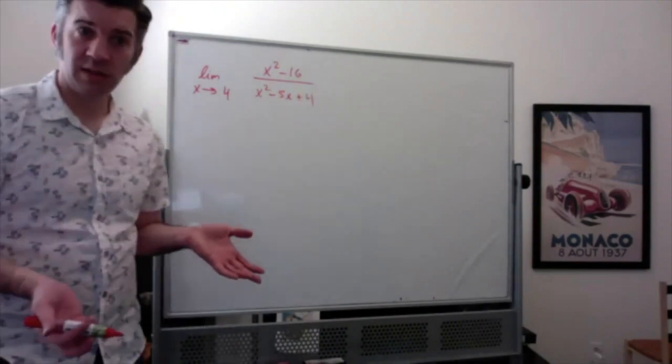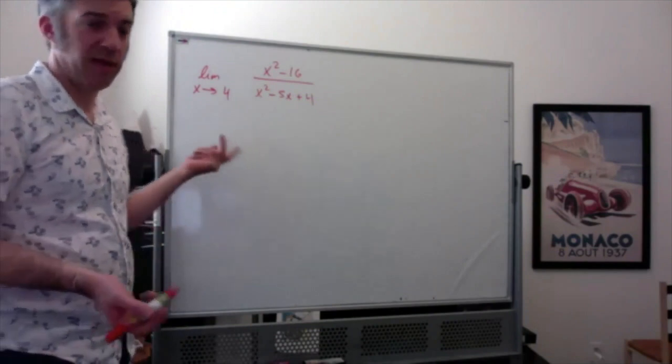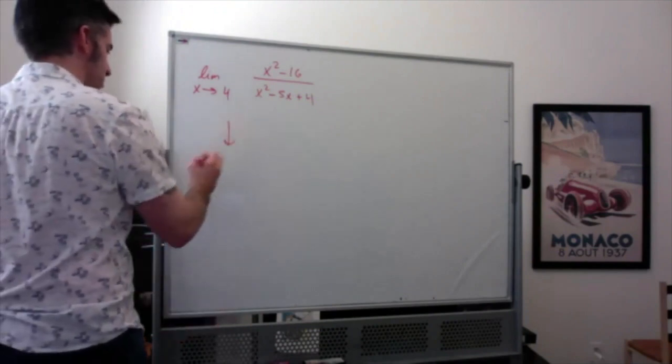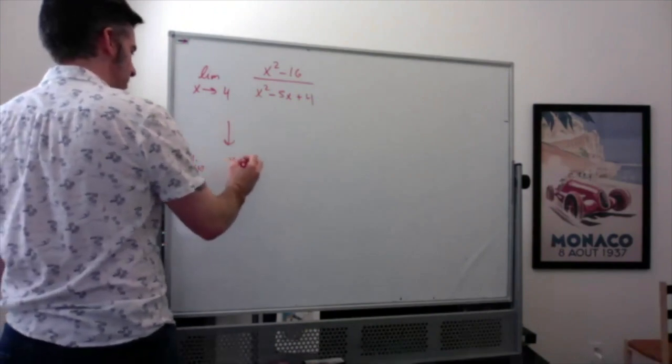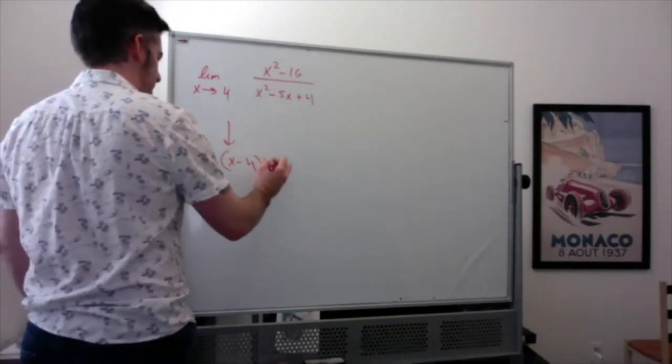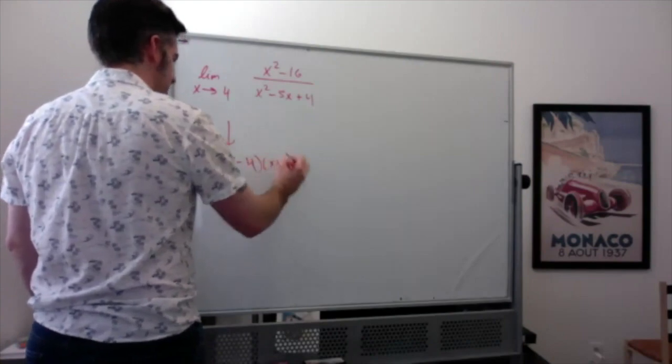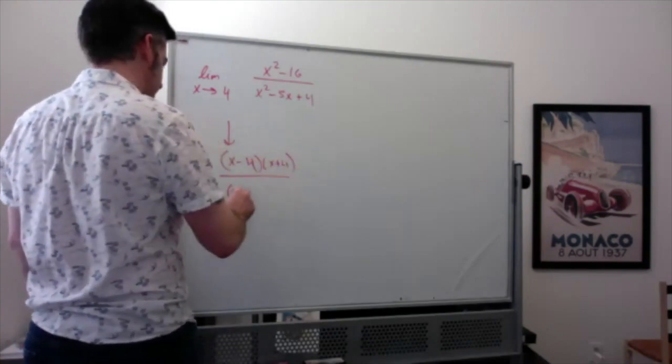You could totally do this the old way, right? You could totally do this by factoring. It's x minus 4 times x plus 4 on the top. On the bottom, it's x minus 4 times x minus 1.